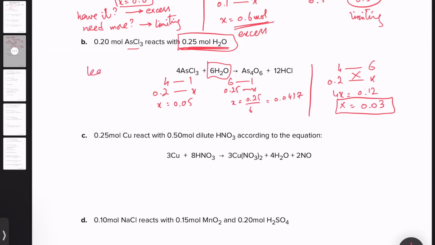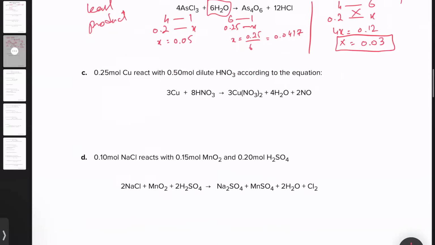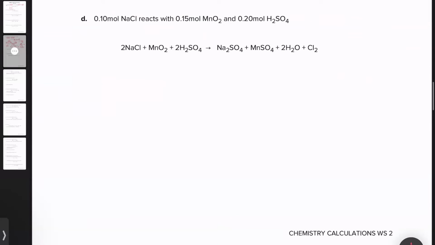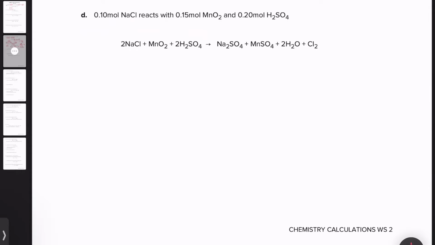The least product method will also work. And the reactant comparison will also work. But there are cases where the reactant comparison is a little too difficult or long.